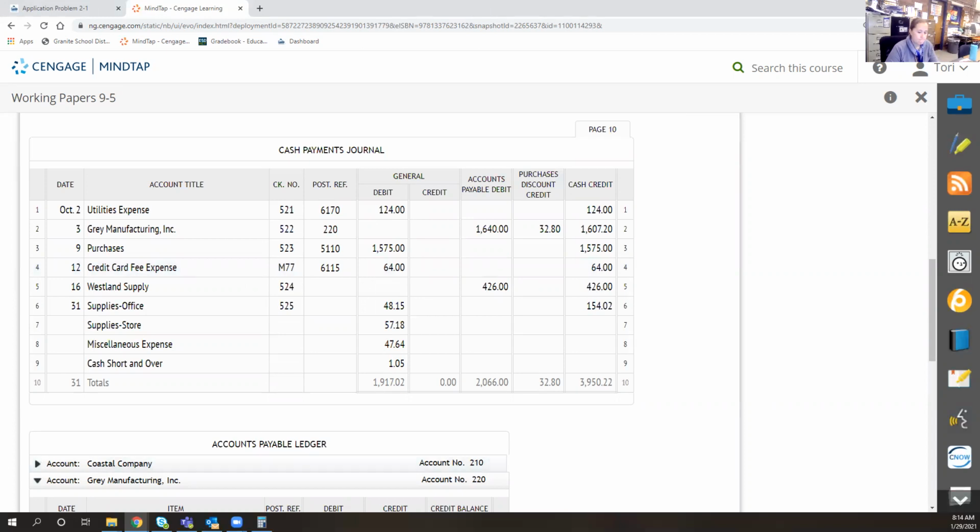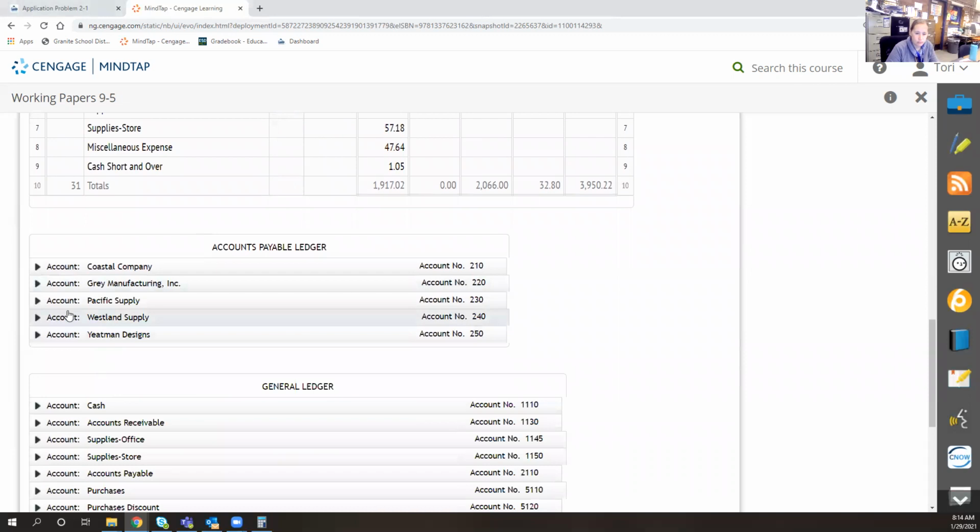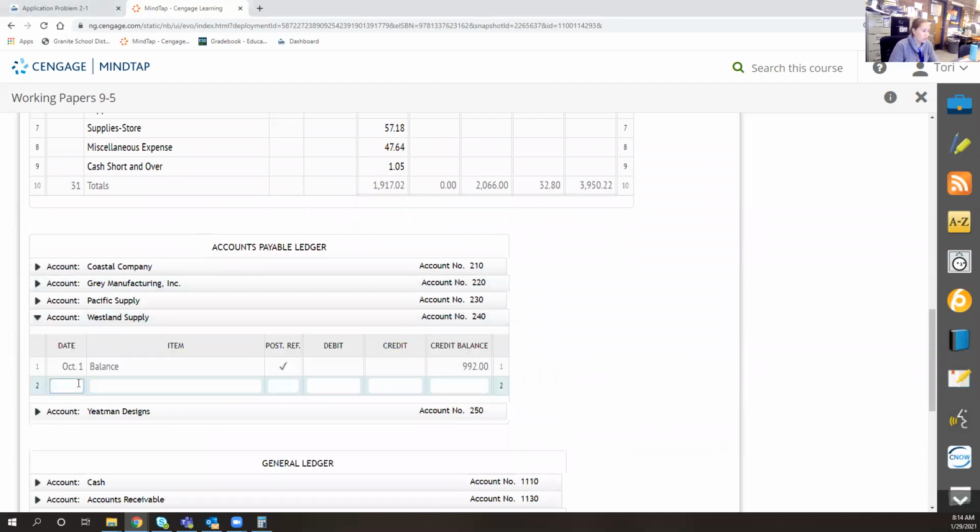Okay. And hopefully you're getting the gist of this. We're going to next go to Westland Supplies down here. And we're going to do the 16th. Nothing in for item. Post reference CP10. Our debit is going to be $16.40.